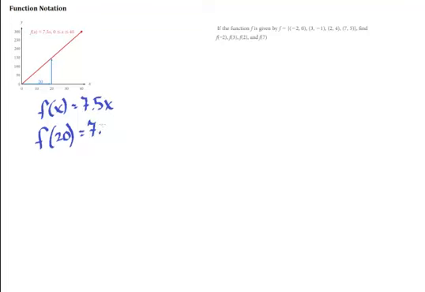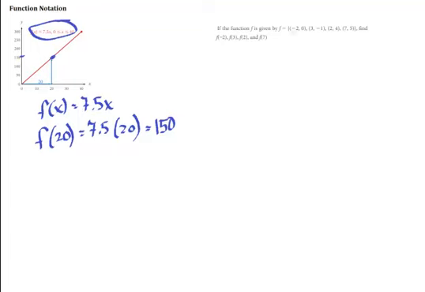I can say 7.5 times 20, and then do that computation, and I would get 150. Or I can look off a graph and say that when x is 20, y is 150. So I could have just read that off the graph. And I wouldn't have actually needed to have been given that information.